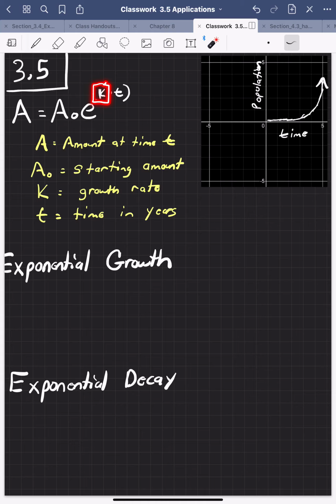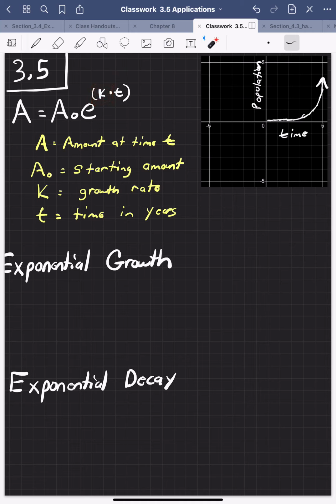Now, for those of you that like money analogies, you could think of it as the interest rate being what determines if you're dealing with growth. Of course, that falls apart slightly, because we don't normally think about negative interest rates.